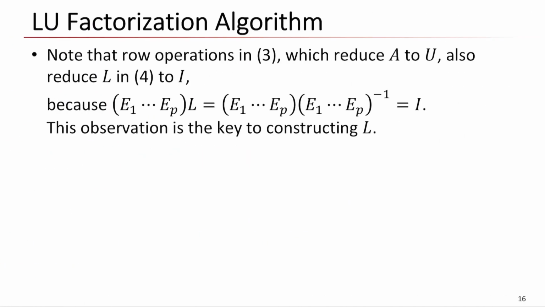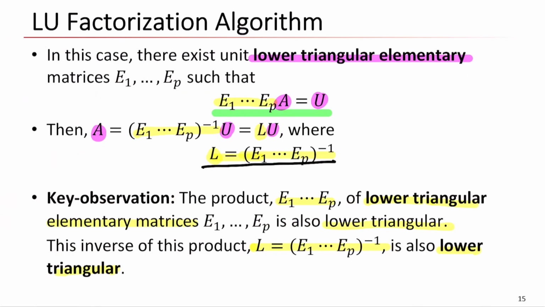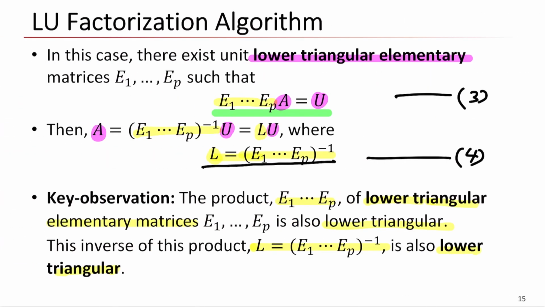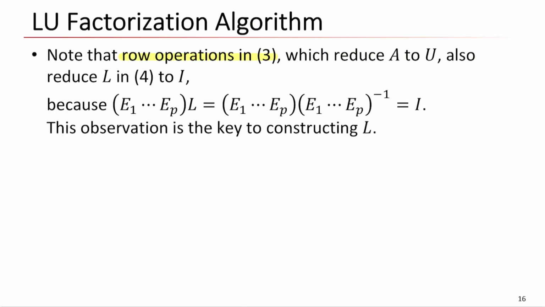Let's say, before starting, this is equation 3 and this is equation 4. So the row operation in 3, which reduces the matrix A to the matrix U, also reduces the matrix L to the identity matrix.